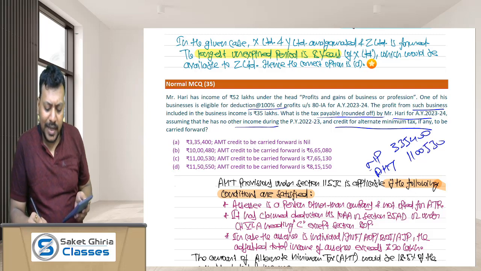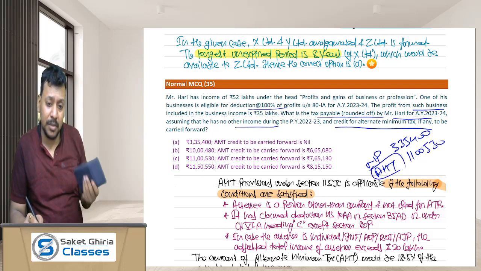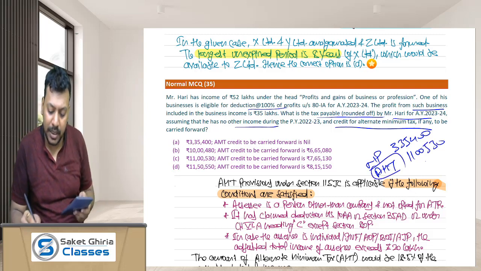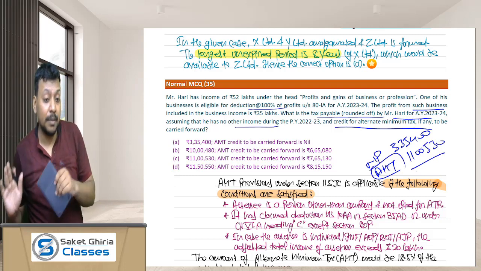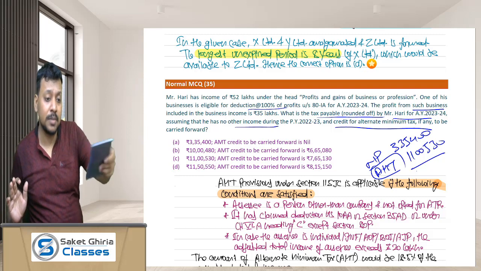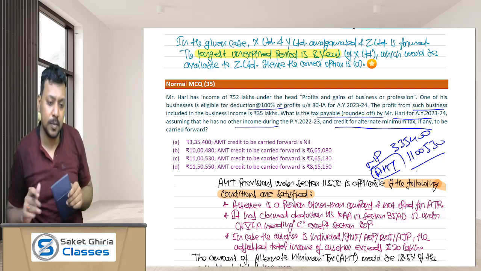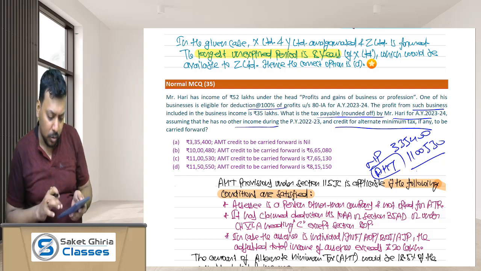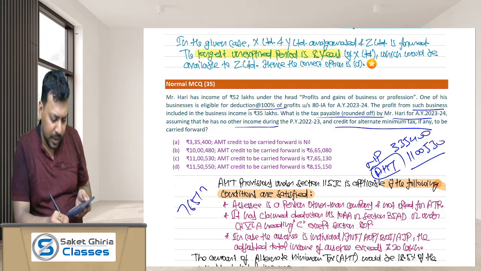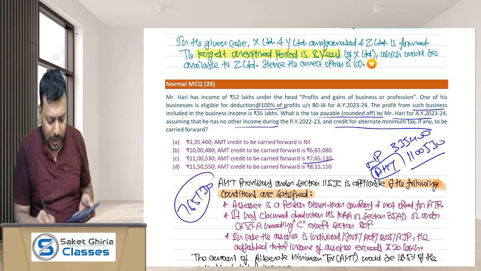So as the tax payable under AMT is higher, Mr. Hari has to pay tax as per AMT, means 11,00,530. But sir, as tax payable under AMT is higher, Mr. Hari is also eligible to get the AMT credit as per sections 115JD and JE, and the amount of AMT credit is 7,65,130. So our correct option is going to be C.